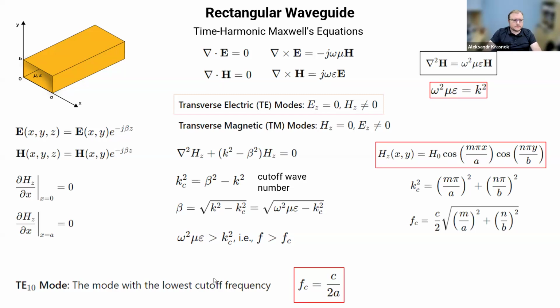Above this frequency, we can excite the TE10 mode, and as we go higher in frequency, we can excite TE20, TE21, TE30, and so on and so forth, depending on this formula. But this is the lowest possible cutoff frequency.